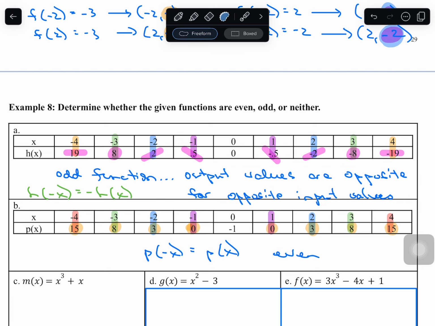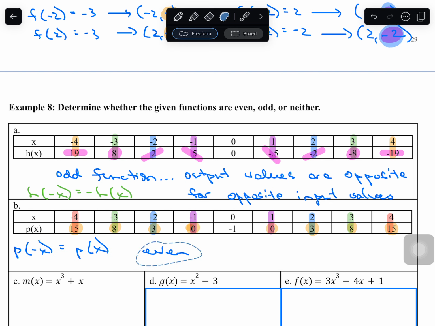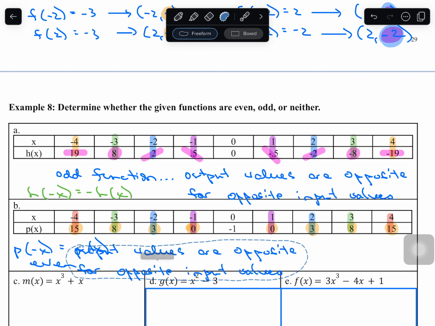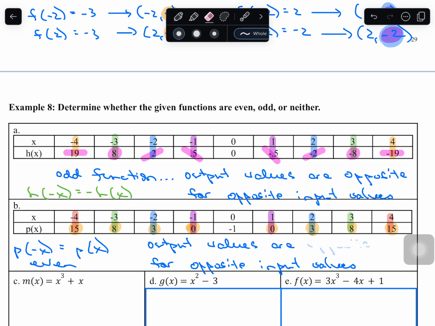And instead of writing it this way, we would say that the output values are the same for opposite input values. That's the only thing that would change. I would change our opposite to are the same. Okay? Okay, so that's graphs and tables.